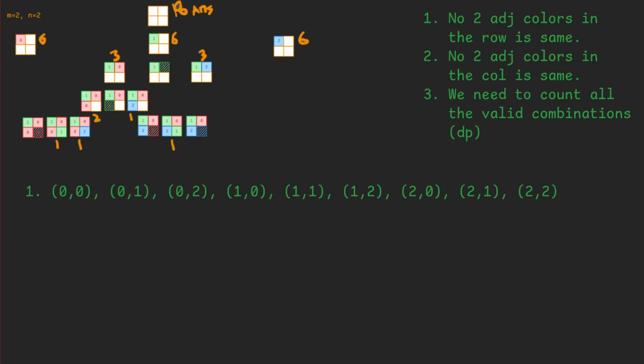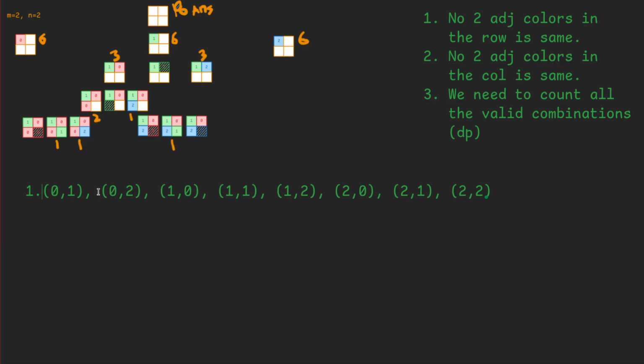As we get the same adjacent color in the same rows, let us say that we have removed this, and this, and also this. So this is valid.